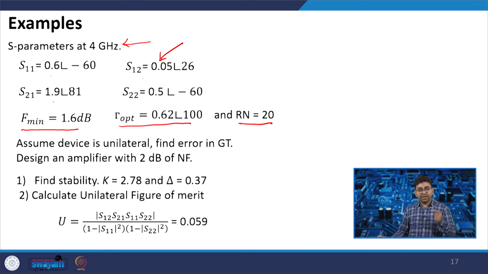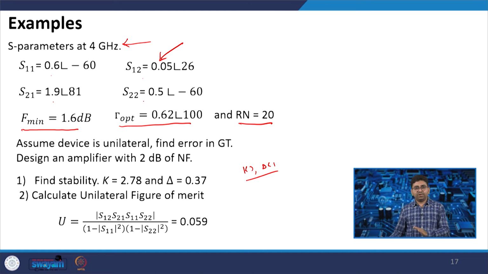Before that, for an amplifier the stability is always important. So, you need to do the K delta test. You can use the mu test as well. So, here K greater than 1 and delta less than 1 for your desired frequency. Now, calculate the unilateral figure of merit U, that is coming as 0.059.